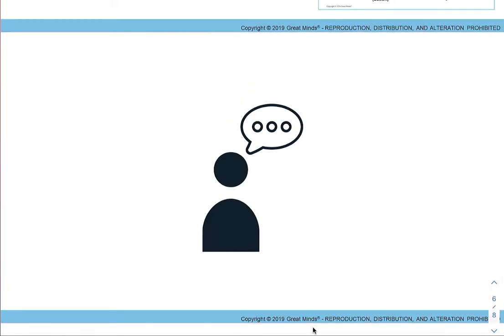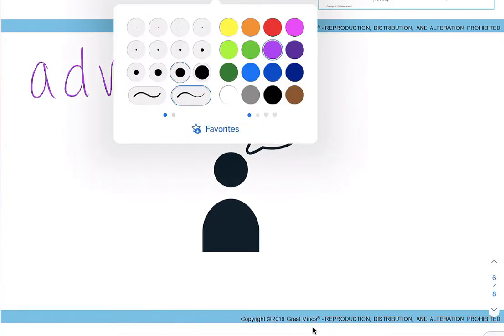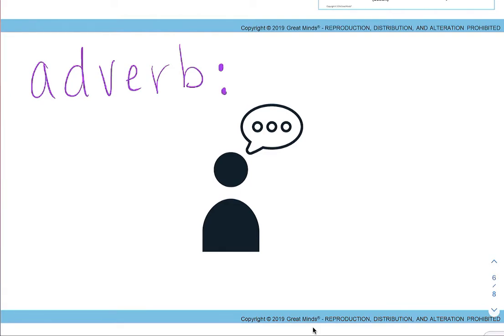So again, today we talked about what an adverb is. What is an adverb again? Good, an adverb. Ooh, that's going to be too big. An adverb describes what?